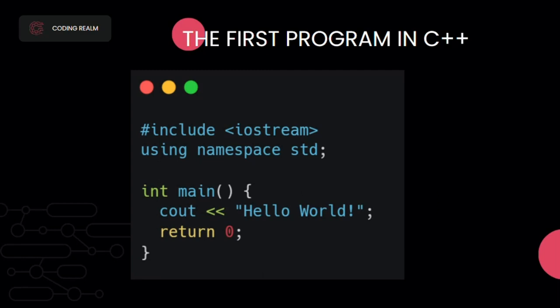In line 4, int main is a function, and any code inside this function or inside the braces will be executed. For example, here the program displays hello world. And finally, cout is the output operator that prints hello world on the screen. And return 0 means the end of the main function. The main function starts here and finishes when I put the return 0.